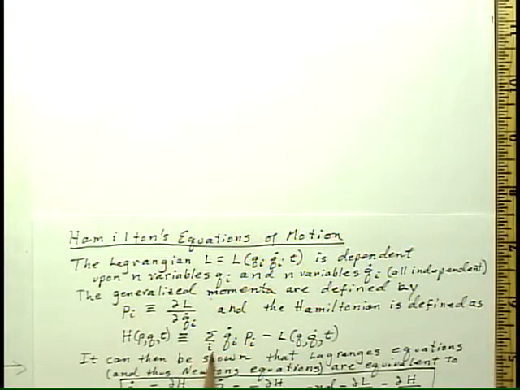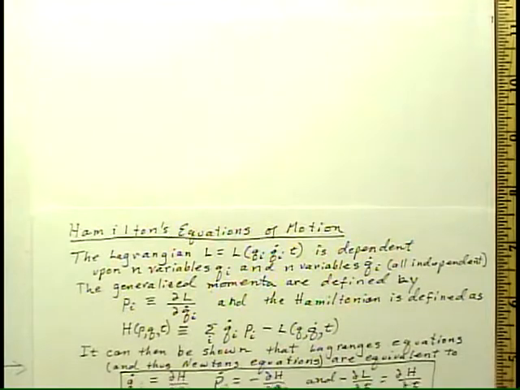The Hamiltonian is defined as the sum over i of qi dot pi minus the Lagrangian itself, where in that function we have removed all dependence upon the qi dots by inverse solution of these equations here.